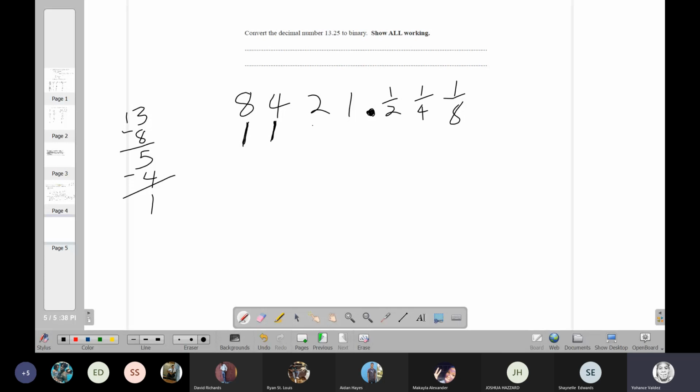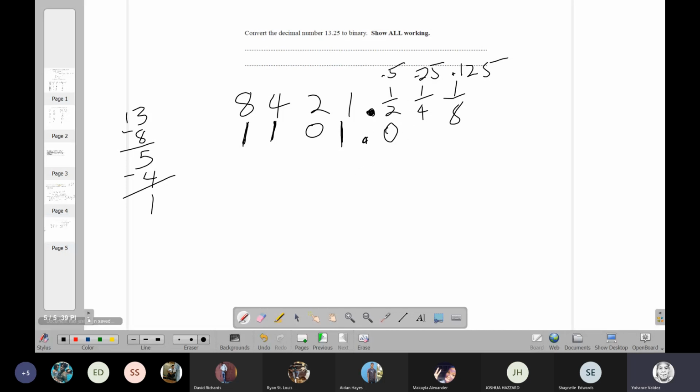Could 2 go into 1? No. Could 1 go into 1? Yes. Good. Could a half, which is 0.5, and this is 0.25, and this is 0.125, could half go into 0.25? No. So we have 0 there.